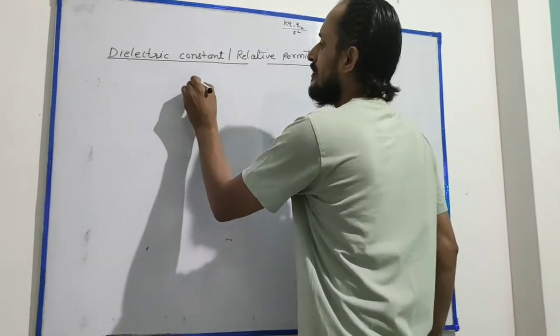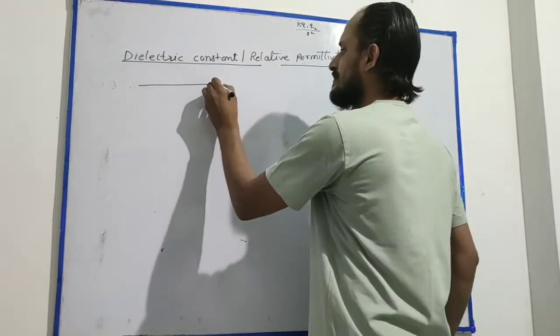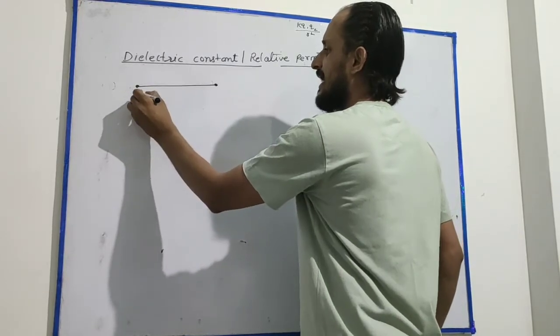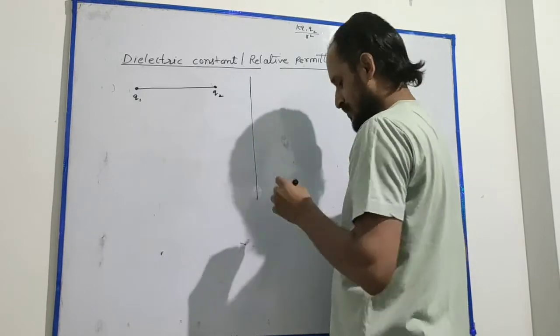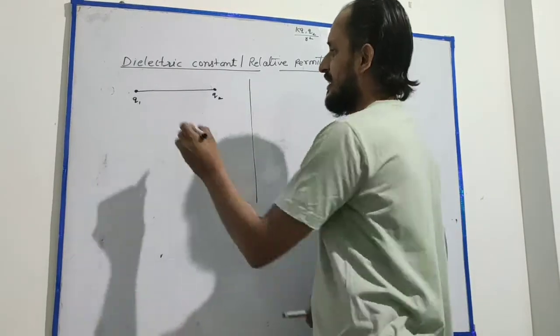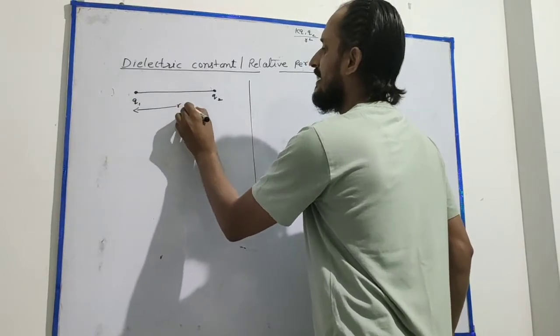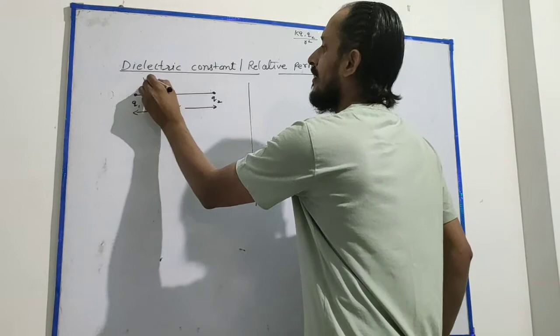Suppose two charges are kept in vacuum. Their magnitudes are q1 and q2, kept at distance r apart, in vacuum or air, things are the same.